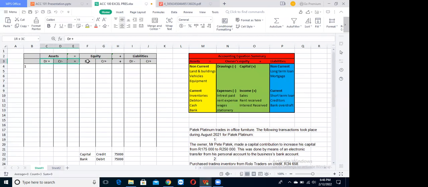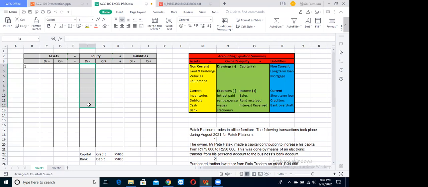So you should take note of these debit and credit sides. If an account has a debit balance, everything that increases that account goes to the debit, and everything that decreases it goes to the credit. If an account has a credit balance, you will see the plus sign on the credit, and therefore everything that increases that account goes to the credit, and everything that decreases that account goes to the debit.